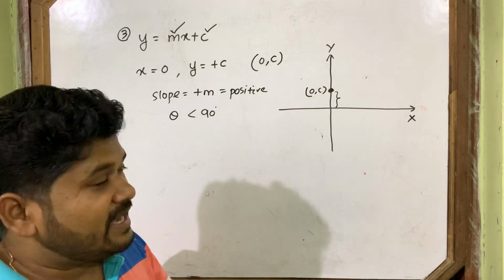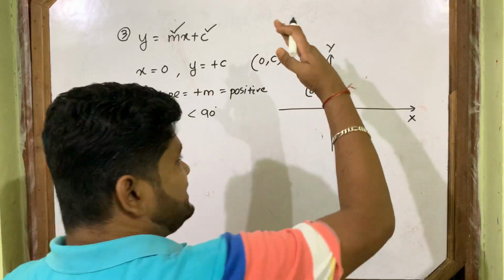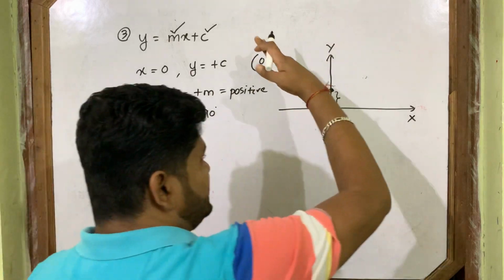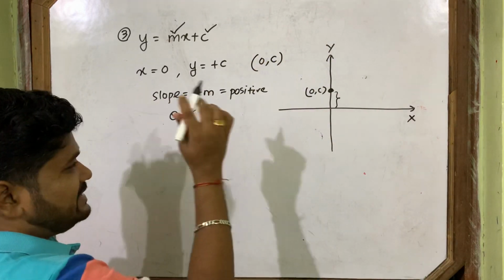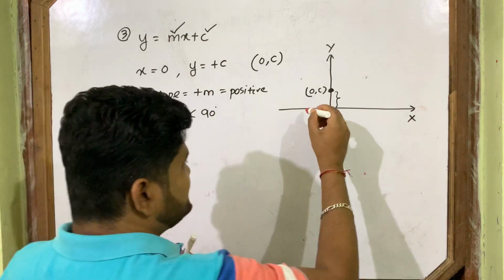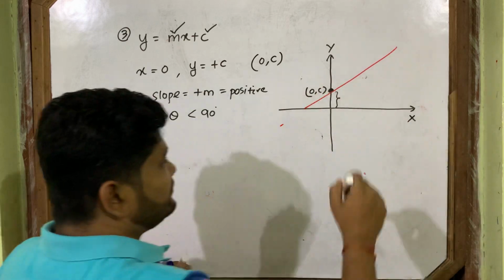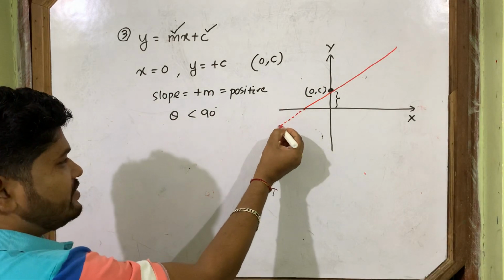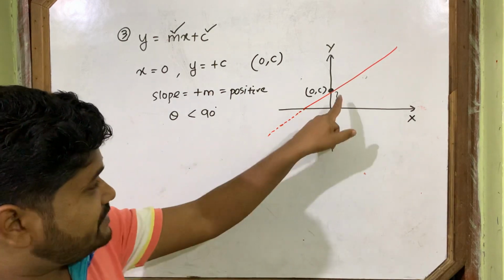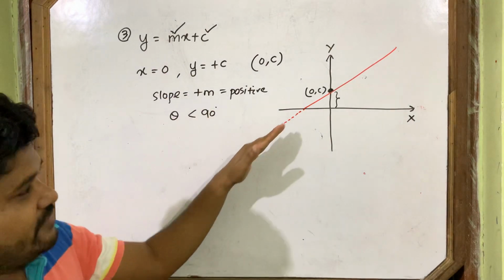So how will the graph be? It will be like this, or the graph will be like this. Now you think the answer. Theta is less than 90 degrees, so obviously the graph will be like this. Then you can extend it in the backward direction, no problem. So here the y-intercept is positive, as well as the slope is also positive. Then the graph will be like this.